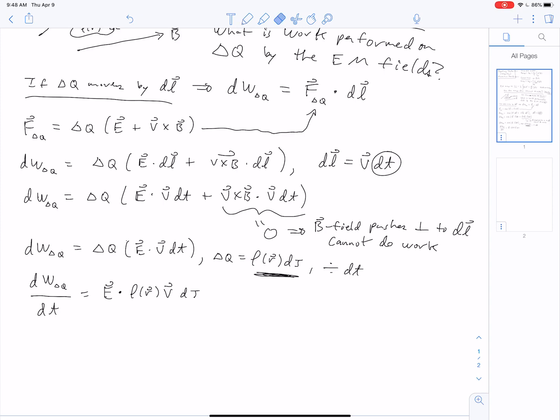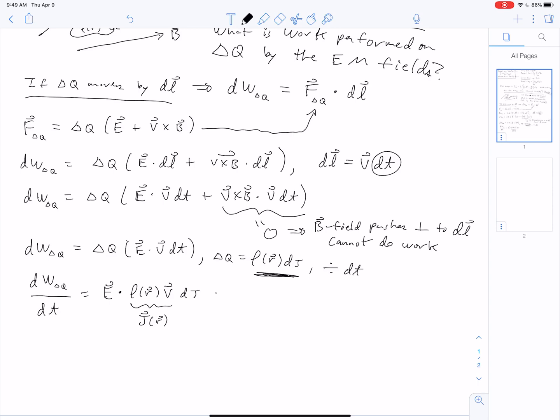But now we notice something nice. We notice that this expression is equal to the current density, J of r. That's the definition of current density. It's the charge density times the velocity of the charge density, assuming the charge density is moving.